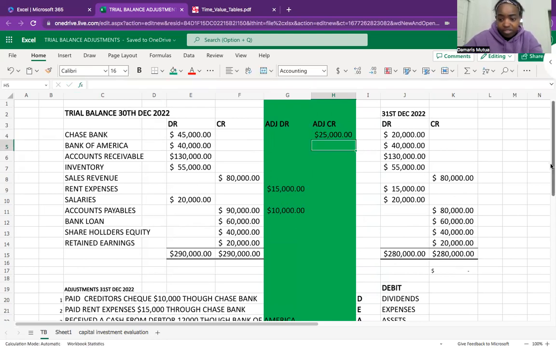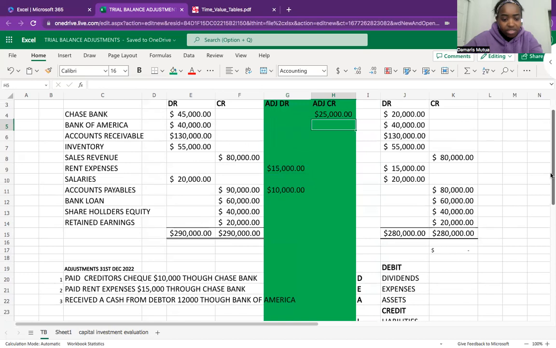So that is posted. But our third transaction is we paid cash to our debtors 12,000 through Bank of America. Our Bank of America is going down 12,000, and our debtors, we received check.